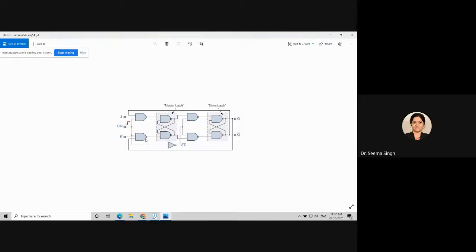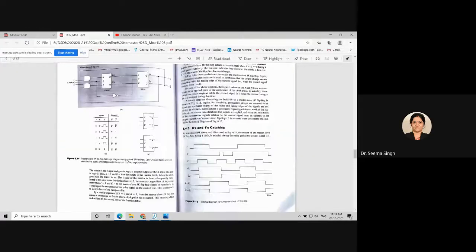So if you are given NAND gates, you can do this connection and you will get your master slave JK flip flop. But if you are not given NAND gates, and you are given the blocks or the ICs of SR flip flop only, what is the other method that I will show you now?